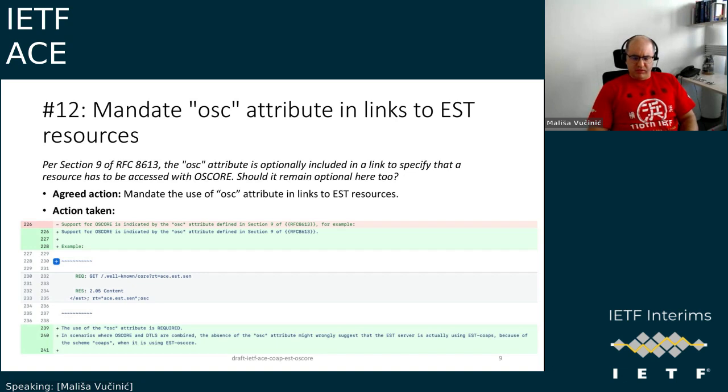The comment was that in OSCORE, RFC 8613, the osc attribute is optionally included, but here in our configuration, where we can also use DTLS and combine the use of OSCORE and DTLS, this attribute is indeed required in order to signal to the clients that this is an EST server using EST-OSCORE and not EST-coaps.